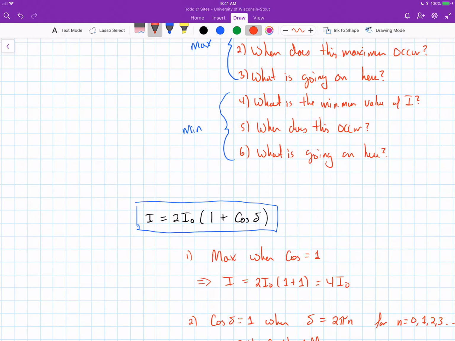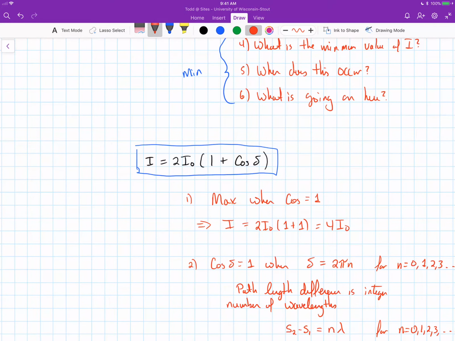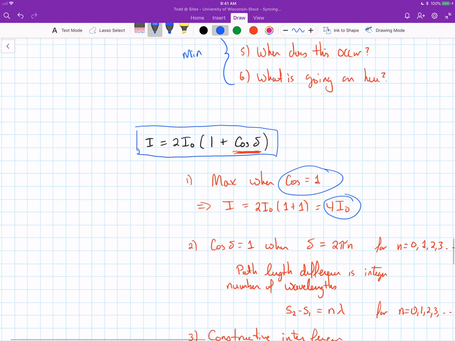Looking at my equation for the irradiance, the maximum is going to occur whenever cosine delta is at a maximum, which is when it has a value of 1. In that instance, we have an irradiance of 4 times the irradiance of each of the electromagnetic waves by themselves. So where does this occur?